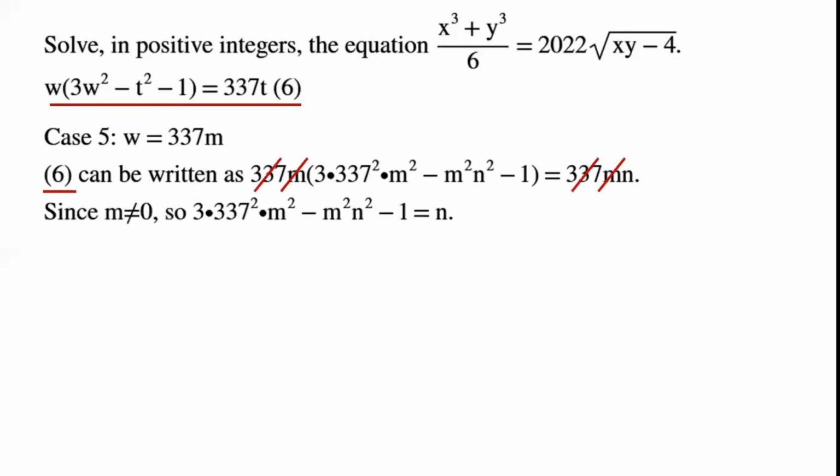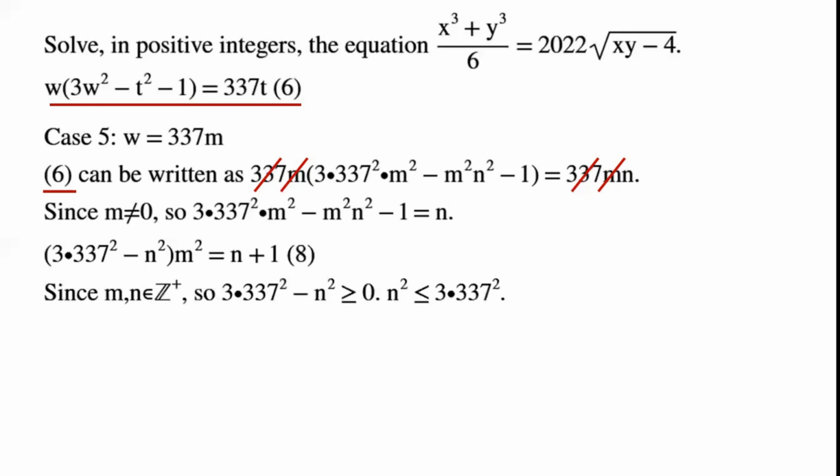Since m doesn't equal 0, so 3 times 337 squared times m squared minus m squared n squared minus 1 equals n. So (3 times 337 squared minus n squared) times m squared equals n plus 1.